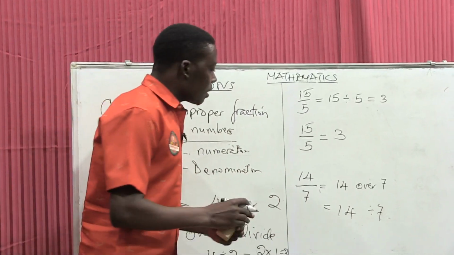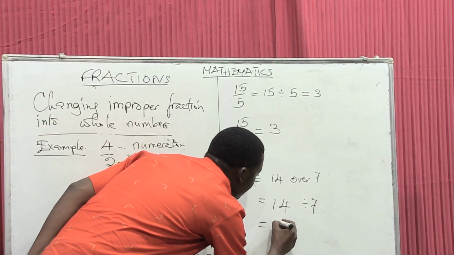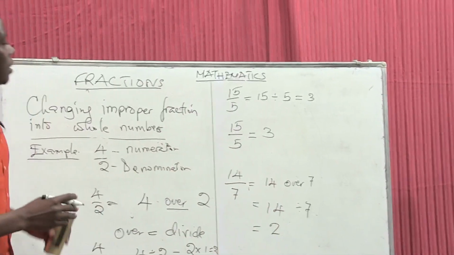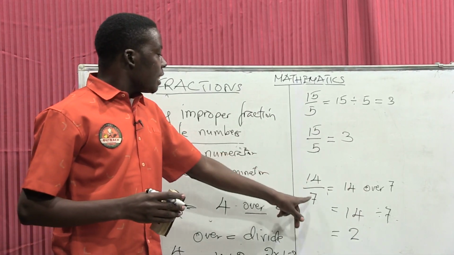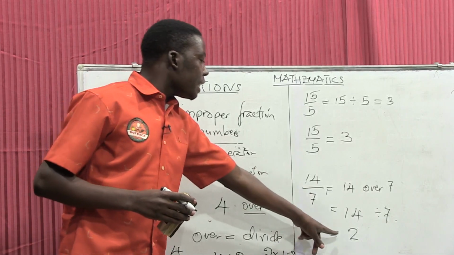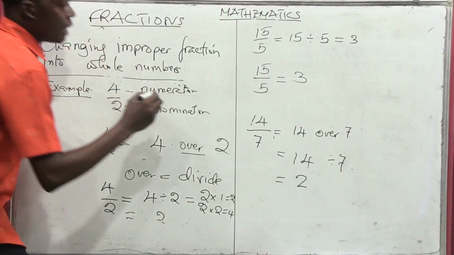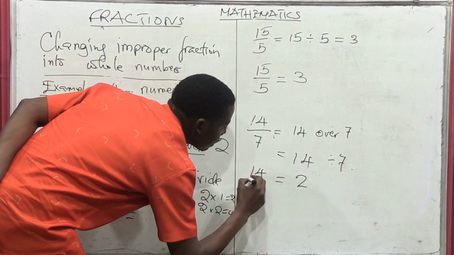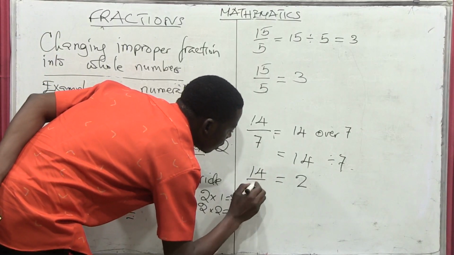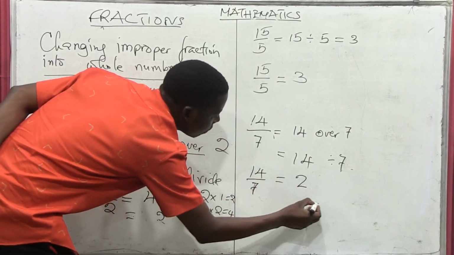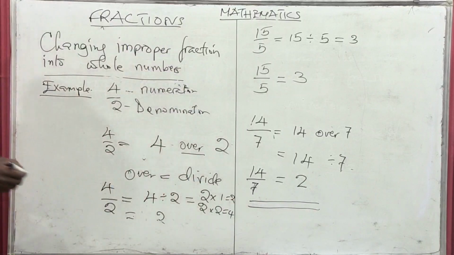You get that it is 2. So 14 over 7 is equal to 14 divided by 7, which is 2. So that is the answer.